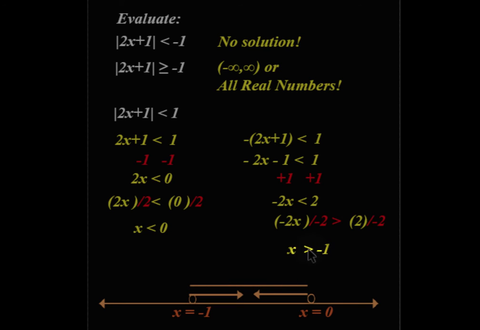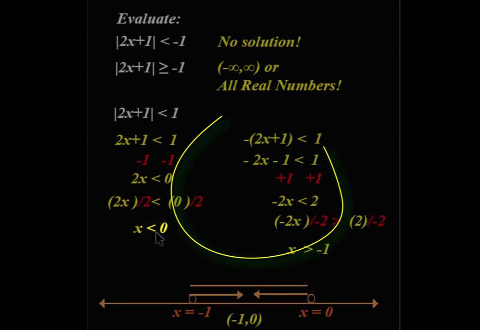And then this one says greater than -1, so larger is to the right direction, or greater than. So what part shows up in both solutions? Well, just the part in between these. So your final answer for this one should be -1 to 0, all right? Notice that we have parentheses here because of the open dots, and those open dots came from the fact that there is no equality here. All right?